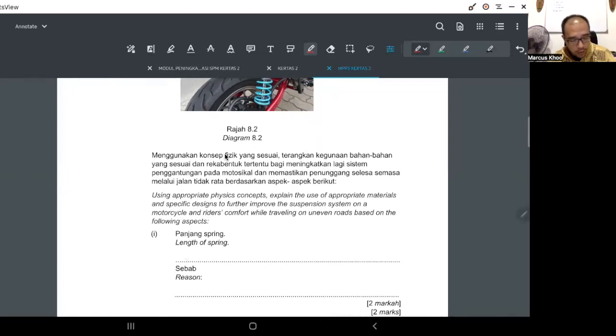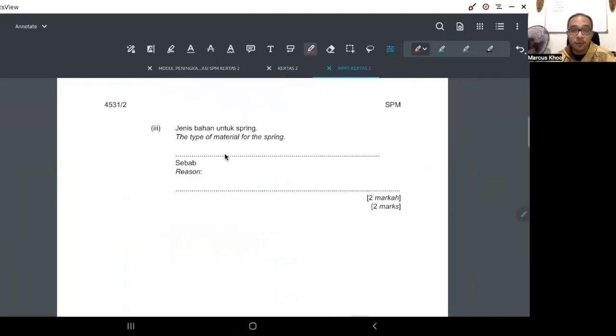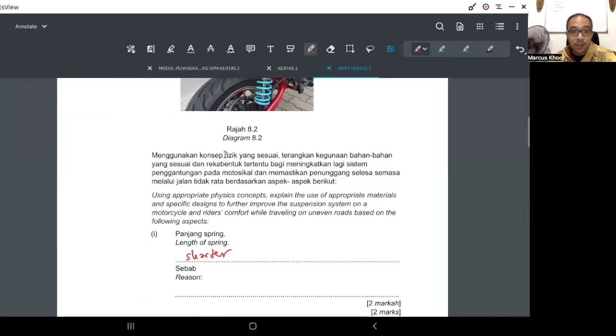So we want a shorter length of spring. If you remember from Hooke's law, shorter length of spring will mean a bigger spring constant. Bigger spring constant is usually also associated with stiffer. The spring is stiffer, it is harder.